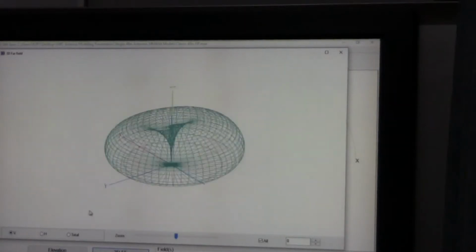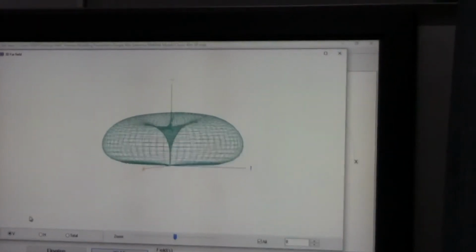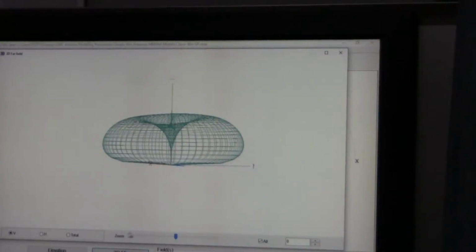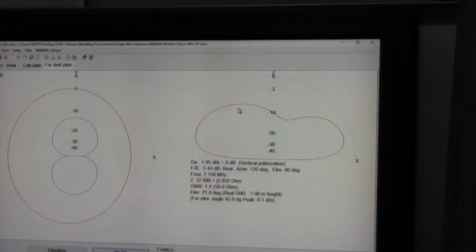Yes, it does. Right hand side, just choose horizontal line. There's your horizontal pattern. There's your vertical under pattern. And of course, the total is a combination of the two. Alright, so anyway, even with one radial, it looks like it's got half a chance of working.